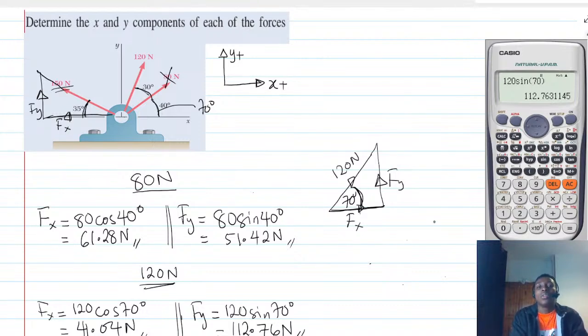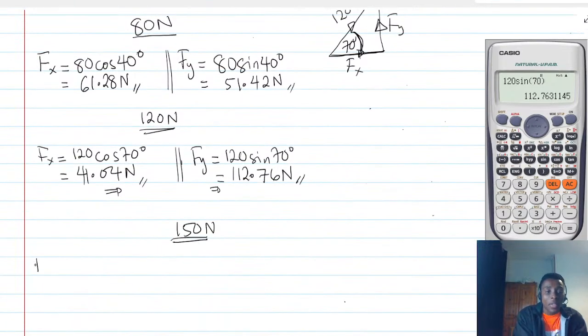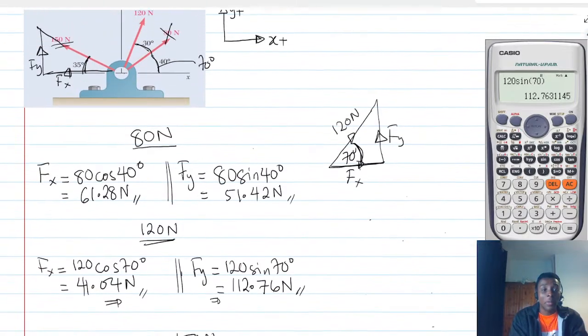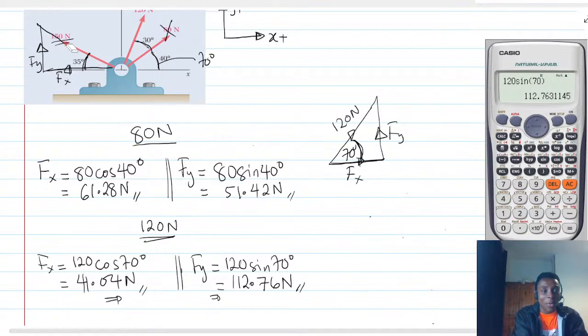Okay, good. So now Fx is going to be... okay, please watch this. This is 150 newtons, and it makes an angle of 35. So the x component is 150 cosine 35, isn't it?